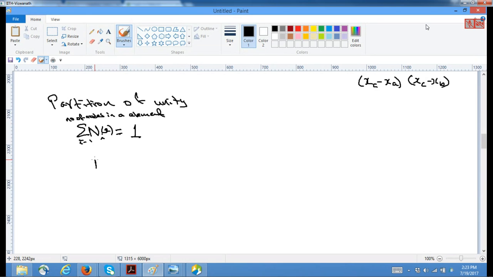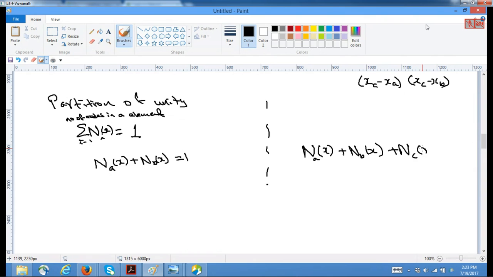So in this case, NA of x plus NB of x is equal to 1 for a 2-noded element. Similarly, for a 3-noded element, it is NA of x plus NB of x plus NC of x equals 1, because it is a 3-noded element.